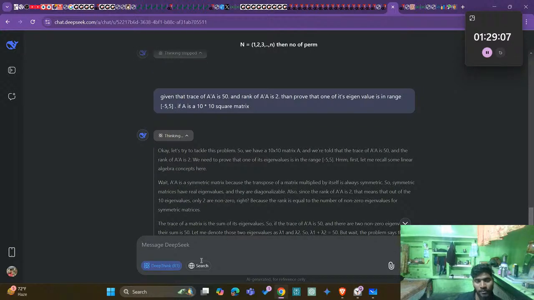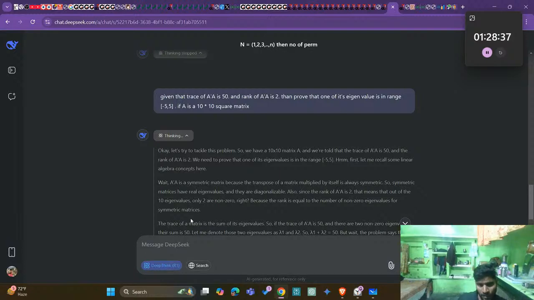Right? So guys, let's try to tackle this problem. We have a 10 cross 10 matrix A. We are told that the trace of A transpose A is 50, and the rank of A transpose A is 2.